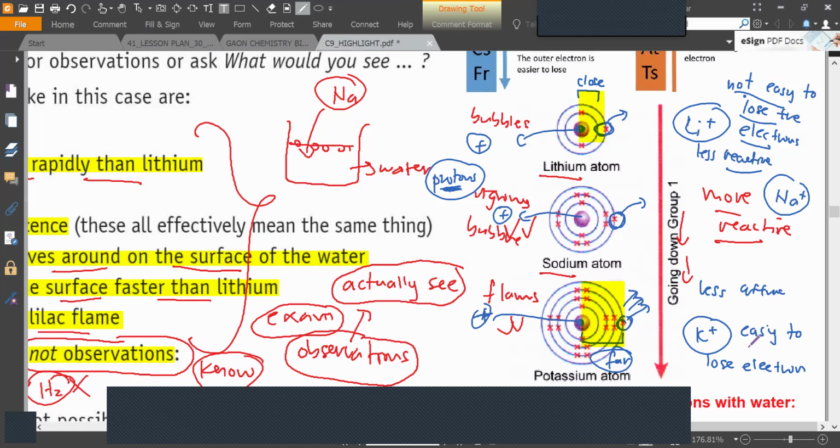So less attraction means it is easy to lose the electron. So that's why it is more reactive. This is a very important point. If you go to higher levels, like A levels later, this is very important.